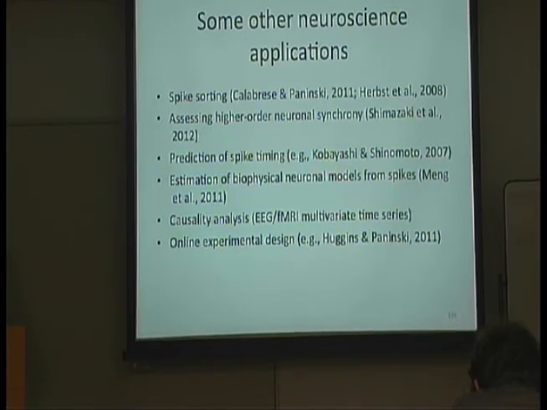Another analysis you can do is causality analysis in terms of Granger causality using multiple time series, either fMRI or EEG. A lot of work in this area is based on the state space model.